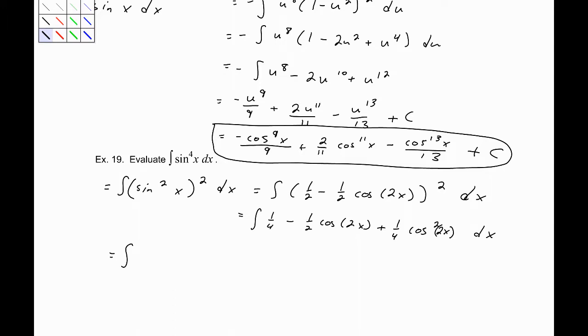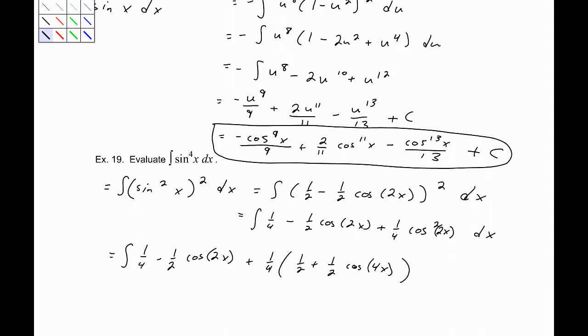Bring all this over. Most of this is going to come down. 1/2 cosine 2x plus 1/4. We will substitute that in there. Okay, and cosine squared 2x is going to be 1/2 plus 1/2 cosine 4x.